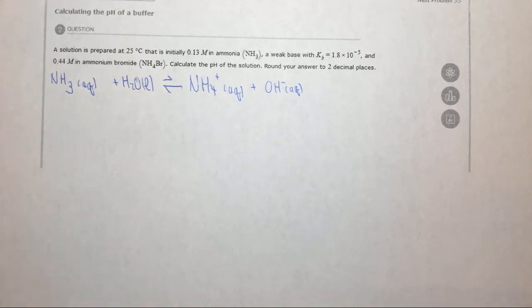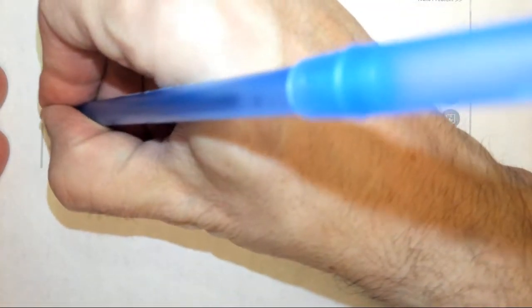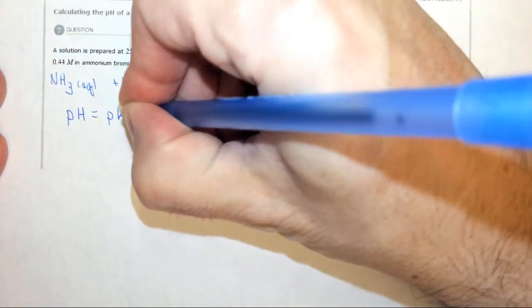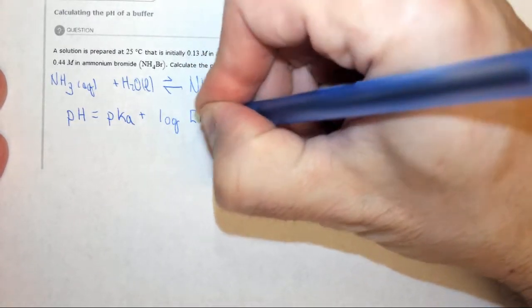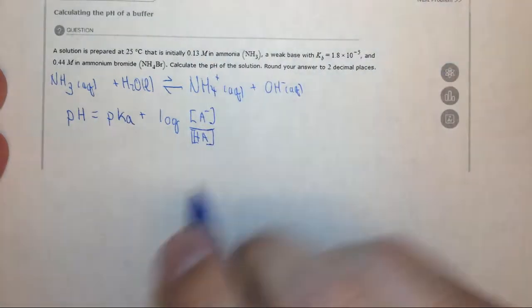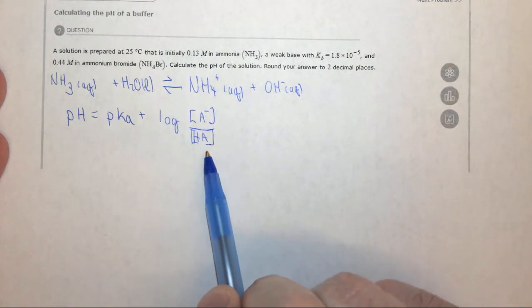In order to calculate the pH of a buffer, one of the more efficient ways is to use the Henderson-Hasselbalch equation, which is pH equals pKa plus log A minus over HA. If you had an acid with a Ka, you just find the pKa, put the concentration of A minus, put the concentration of HA, and you'd be good to go.